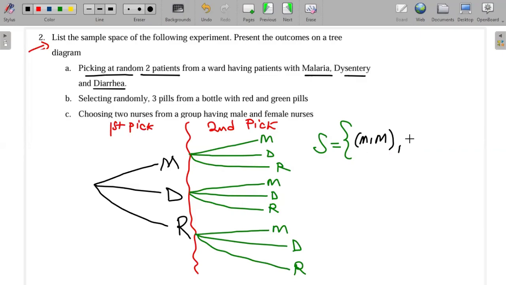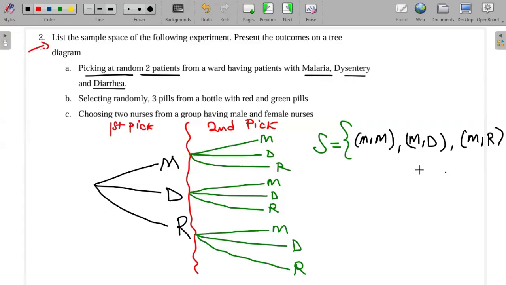Or it can be that my first was malaria, and then my second is dysentery. So it can be M, comma, D, like that. Or it can be my first was malaria, and then my second is diarrhea, like that. So that would be the third outcome in this sample space.